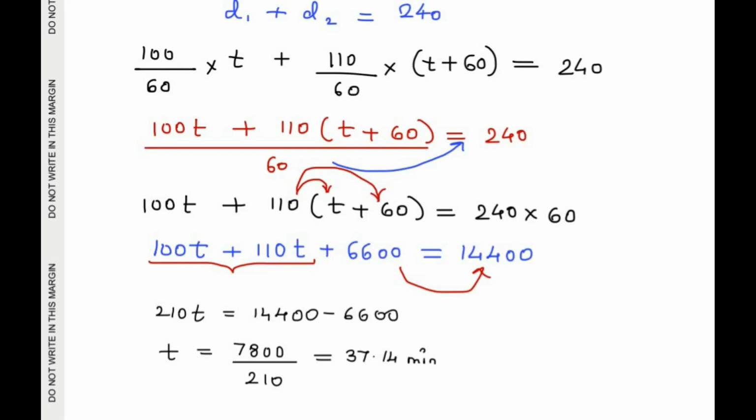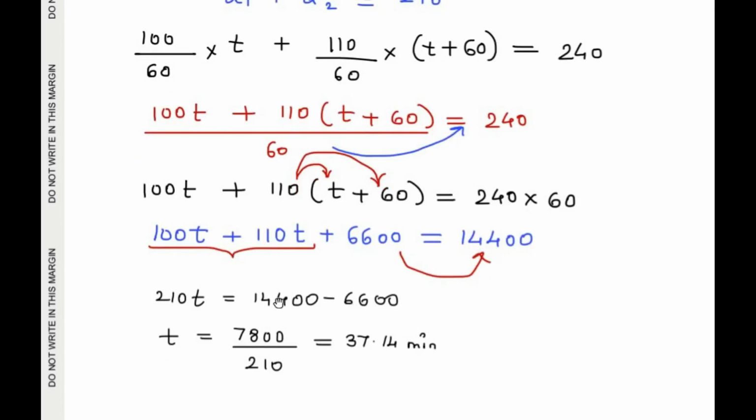So we get 100t plus 110t gives us 210t is equal to 14,400. Now plus 6,600 becomes minus 6,600. So this right hand side simplifies and gives us 7,800, and at the same time we are going to take 210 on the other side of the equal to sign so that it divides the numerator 7,800. So this gives us the time as 37.14 minutes.